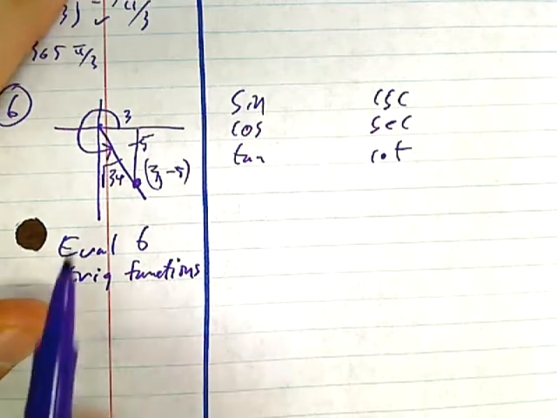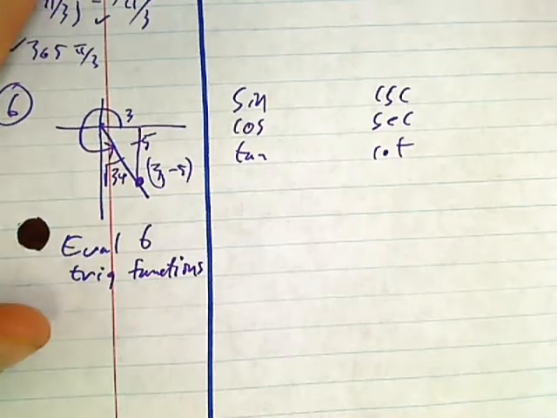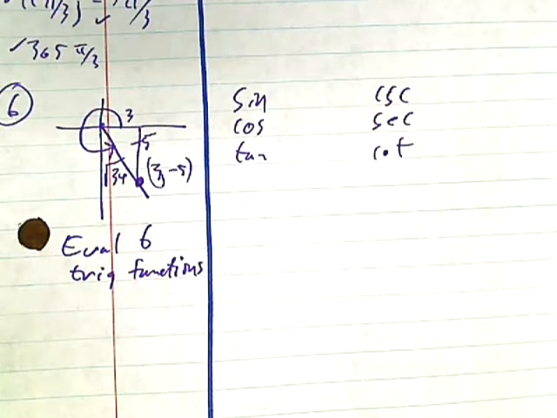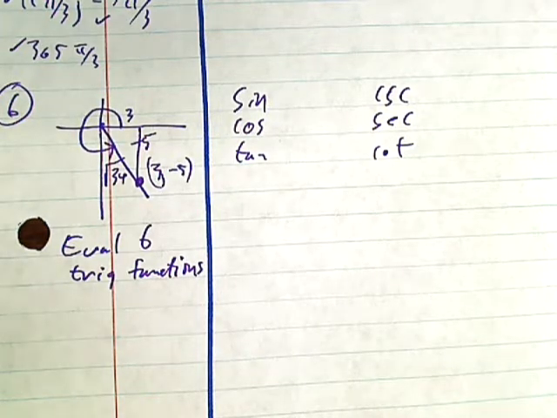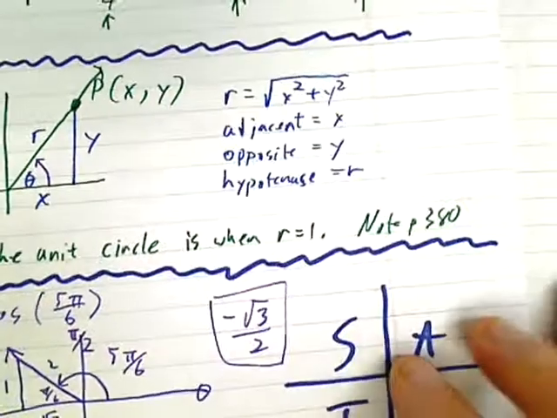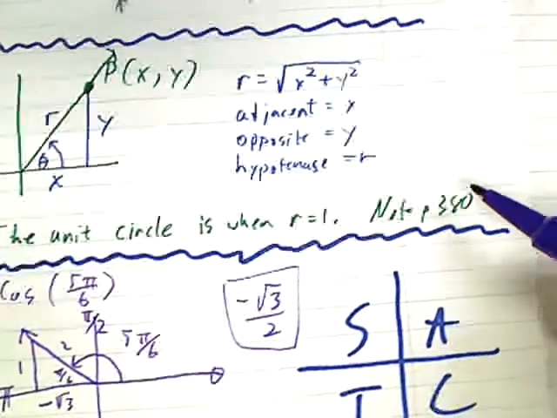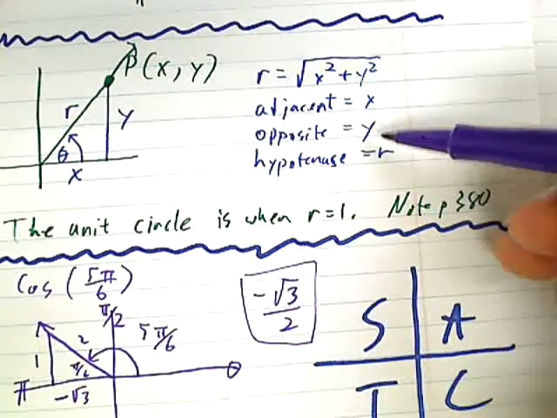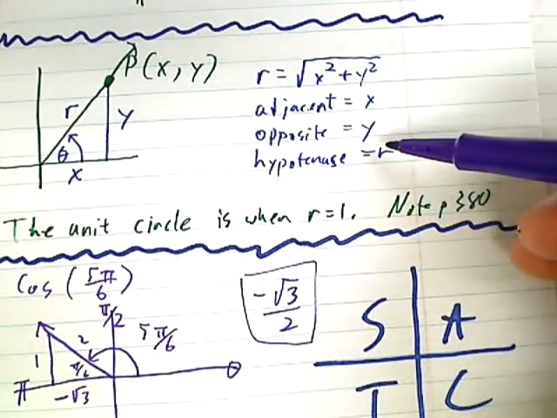So the value of r there is square root 34. Just to go back to our notes real quick, the adjacent side is x, the opposite side is y, and the hypotenuse is r, and we can use those to think about this here.